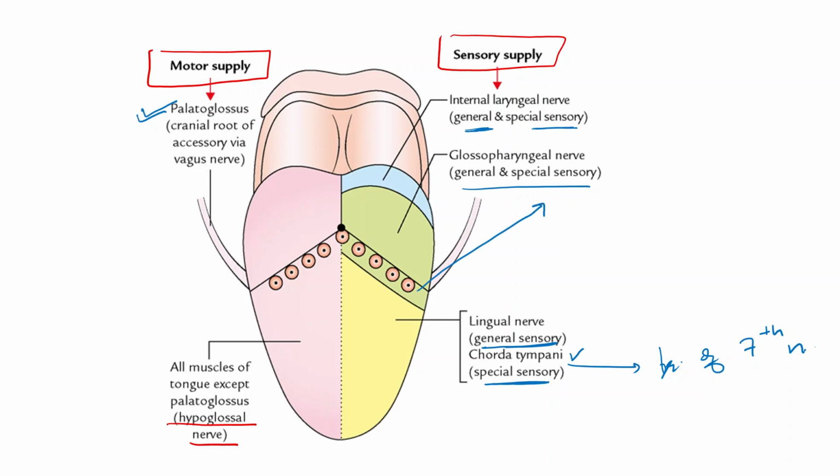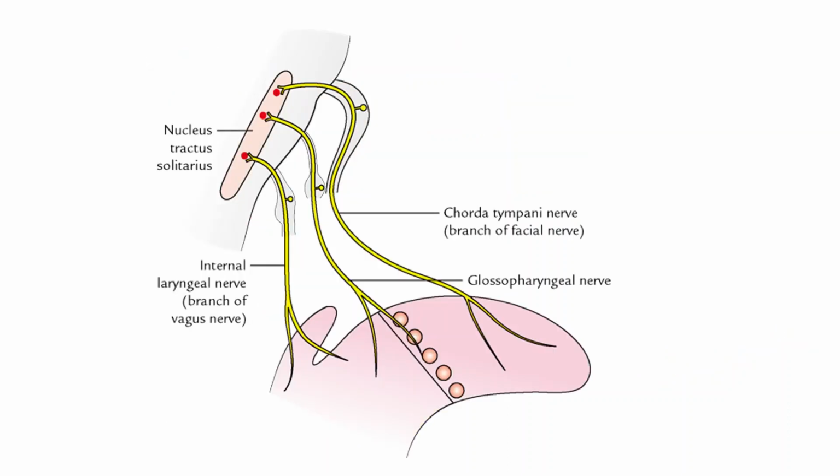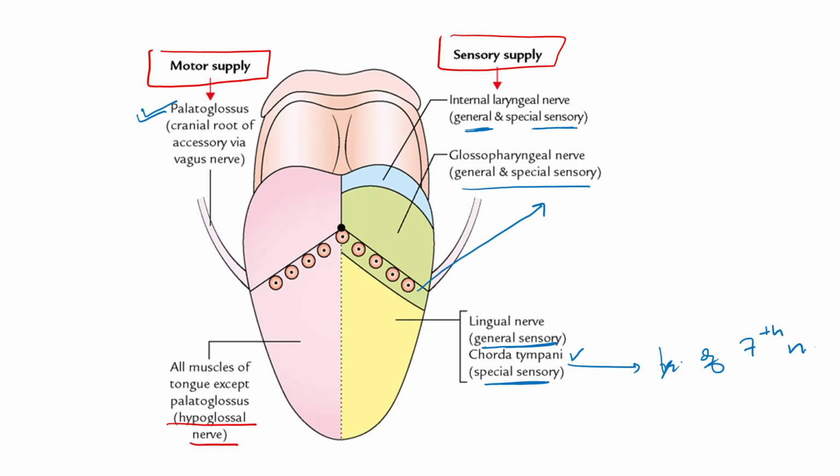Next, moving on to the posterior-most part, that is the area of the valleculae of the tongue. This area is supplied by the internal laryngeal branch of the superior laryngeal nerve from the vagus. So the posterior-most part of the valleculae is supplied by the 10th cranial nerve, that is the vagus, by its branch, the internal laryngeal nerve from the superior laryngeal nerve, which is the branch of the vagus nerve.